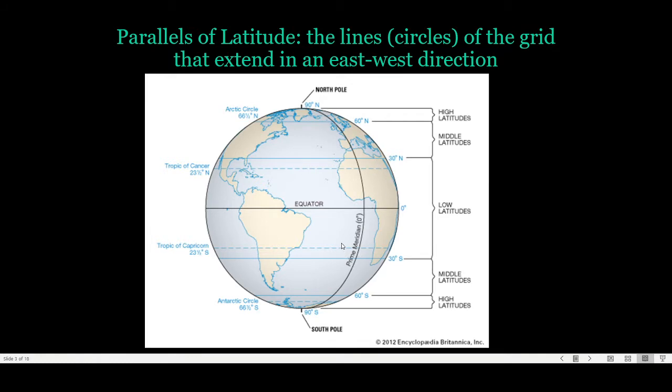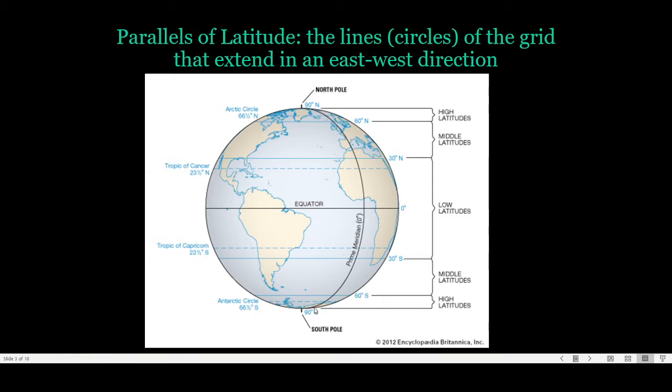So all lines of latitude except the equator are labeled north if they are north of the equator, so 30 degrees north, 60 degrees north, 90 degrees north, or they are labeled south of the equator, so 30 degrees south, 60 degrees south, and 90 degrees south.